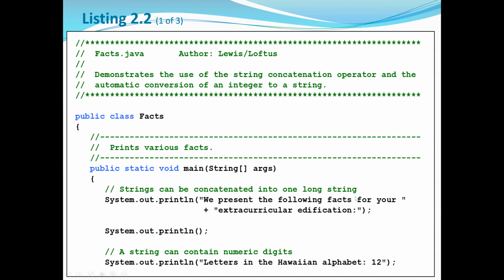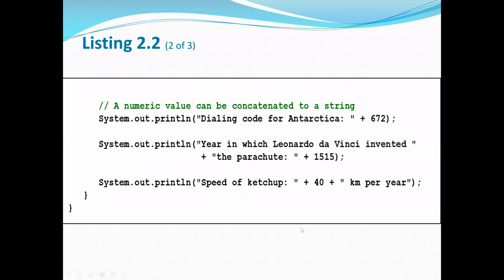Then next we have "Letters in the alphabet", plus 12. So here now we have a string plus a value, so it's going to join also. In the next System.out.println, we have a string plus a value, so it's going to join.